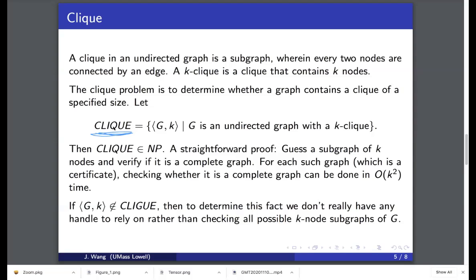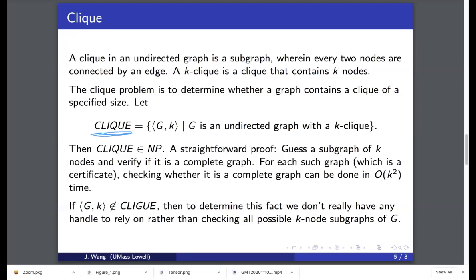You just need to say, I have an instance, and I am given a certificate that claims to certify that this instance is positive. Then we just need to verify whether that claim is true or not. So if verification is polynomial time, then this problem is in NP.